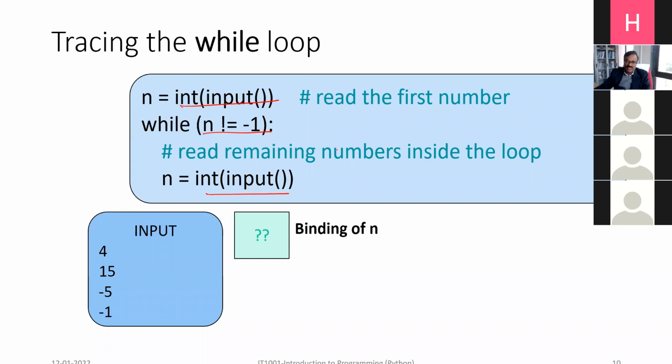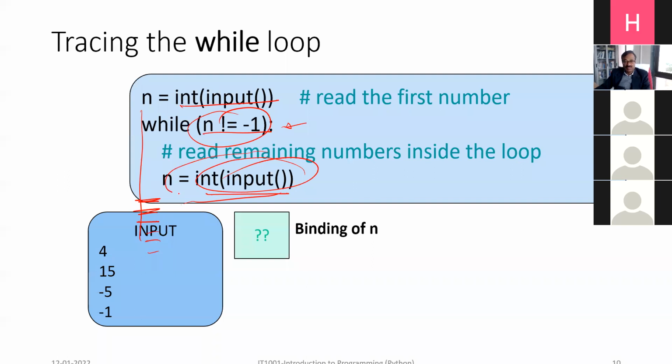And figuring out that if it is -1, then we will no more take this input, because this will turn out to be false, and therefore the loop will be broken. The control will come out of this loop, and out of the loop means all those statements following this while statement are going to get executed.